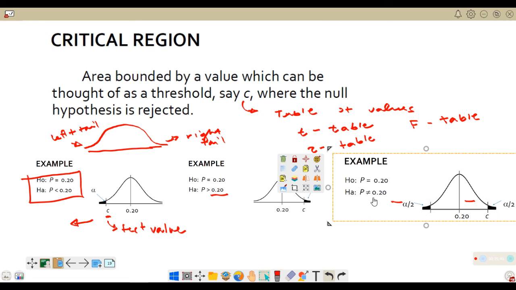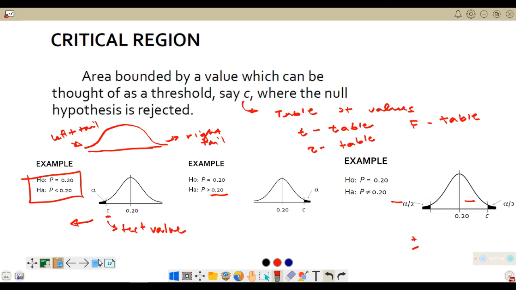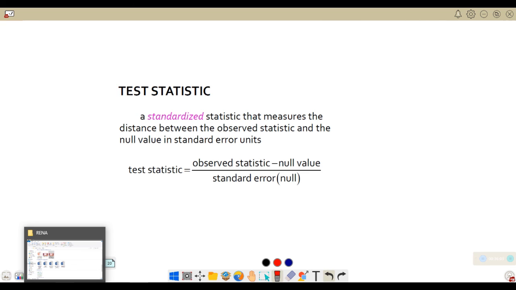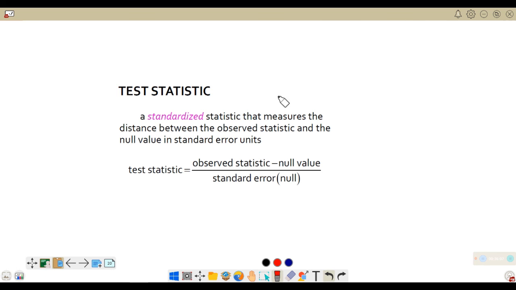So, wala siyang direction. Hindi mo i-measure kung less than siya or greater than siya. Ang mahalaga, hindi siya equal sa 0.20. So, ang titingnan mo ay yung both tails ng iyong curve. Okay. Or, dun sa ibang mga test statistics, it is given by positive, negative. Okay? Pag nagsasolve na tayo mamaya, hopefully mas maging malinaw to. But please, pakitandaan na yung mga graphs na ipinapakita ko.